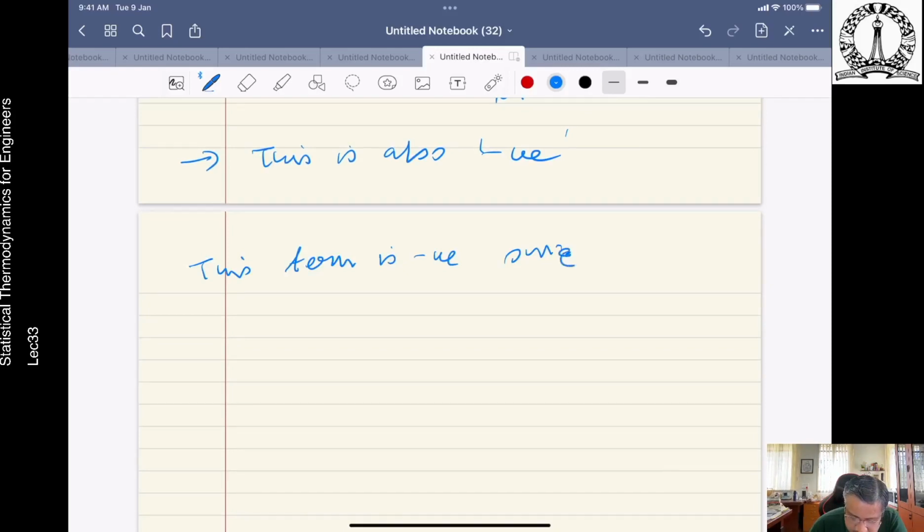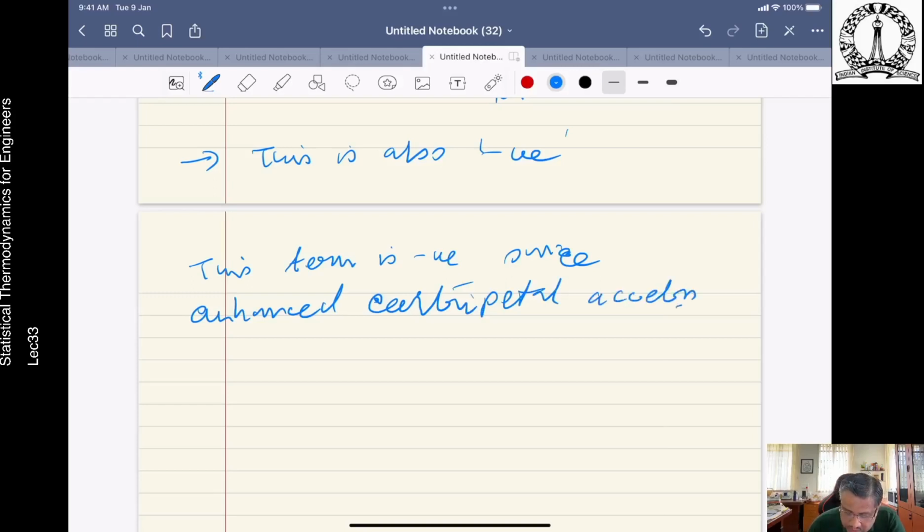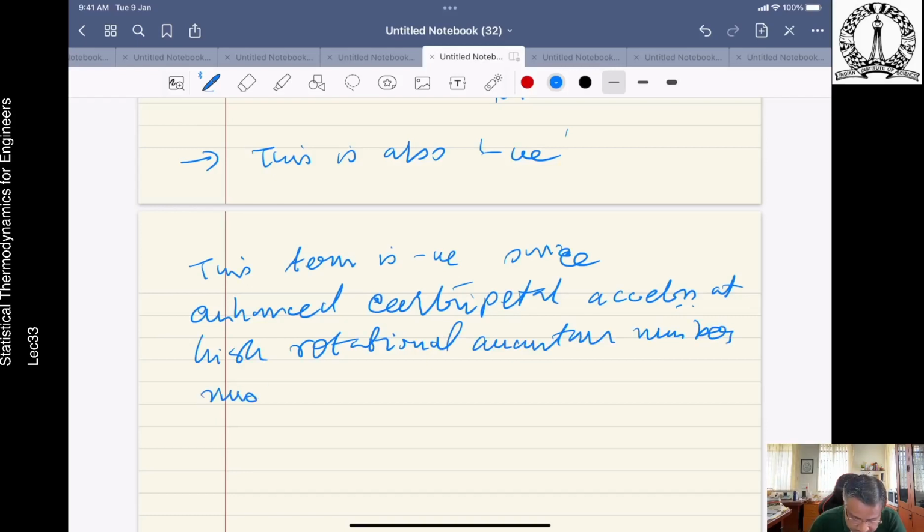This term is negative since enhanced centripetal acceleration at high rotational quantum numbers must increase I_e, the moment of inertia.